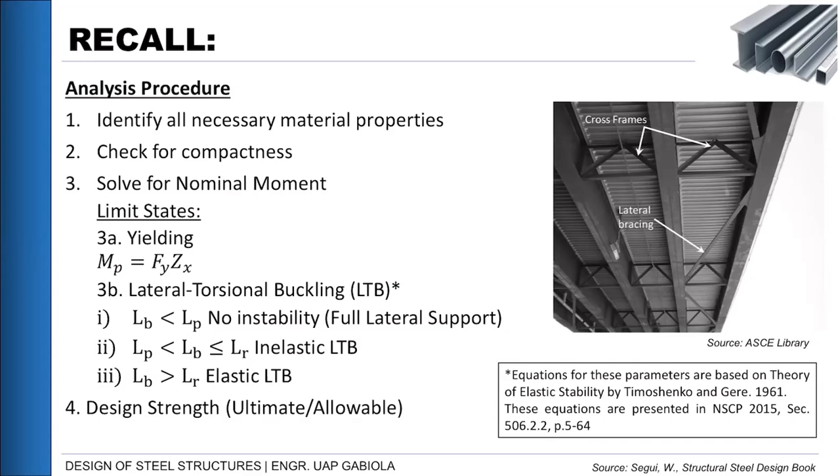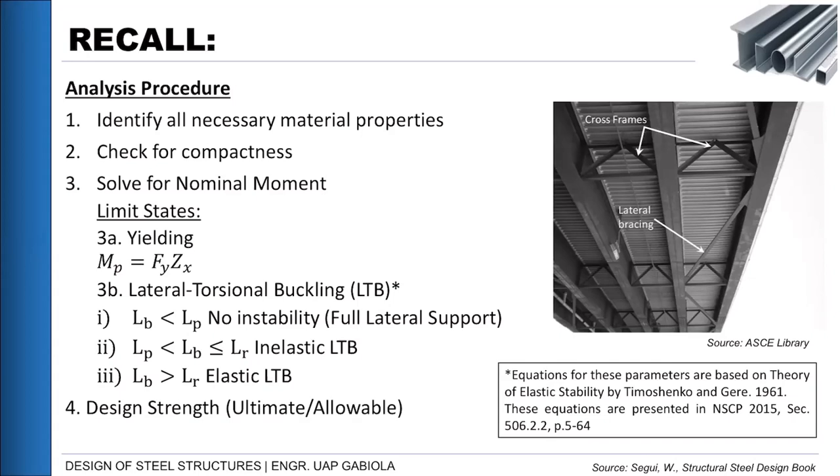And for the I section, which we said last time is the most economical section that is used in practice for now, the formula we used is for the I section, and we determine the width over thickness ratio, our lambda in terms of the flange, and our lambda in terms of the web.